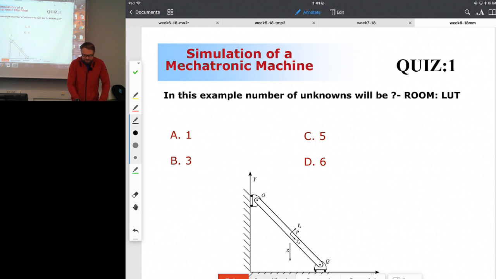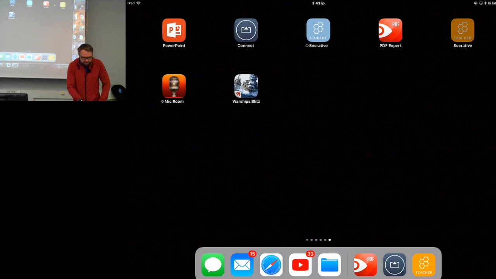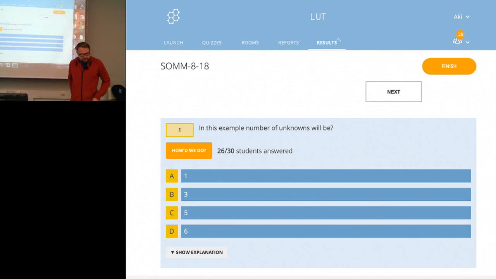So, okay, let's look. Are we ready here? How many students do we have? I think at the exam a little more than 100 students participated. So today, how many students do we have in class? A little more than 10.